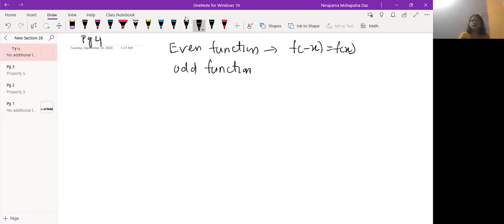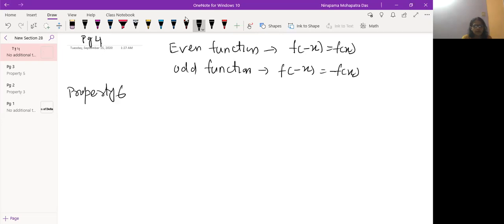Similarly, odd function: f(minus x) equal to minus of f(x). Suppose for example f(x) equal to x cube, f(x) equal to sin x, these are odd functions. Okay, and f(x) equal to cos x, f(x) equal to an even power of cos x, these are even functions. Okay, so quickly I will tell the property number 6.